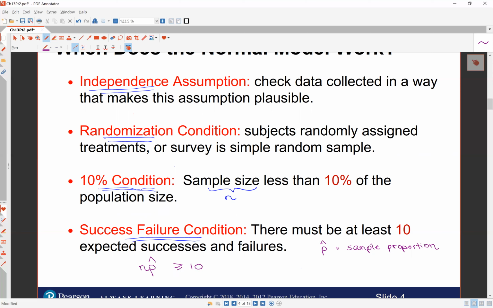That number needs to be at least 10. And also, sample size n times 1 minus p hat, that also needs to be at least 10. So these two conditions together, they help you determine whether the success-failure condition holds. And if all 4 of these conditions are true, then the normal model is a reasonable assumption when working with a sample proportion.